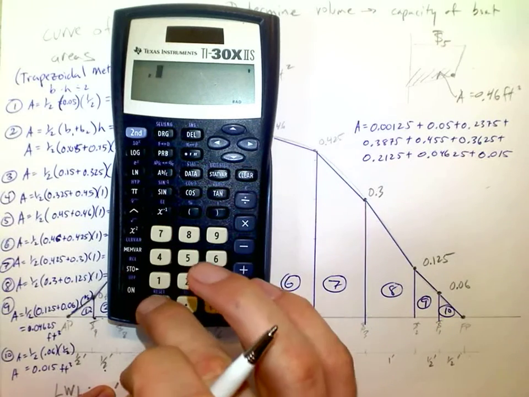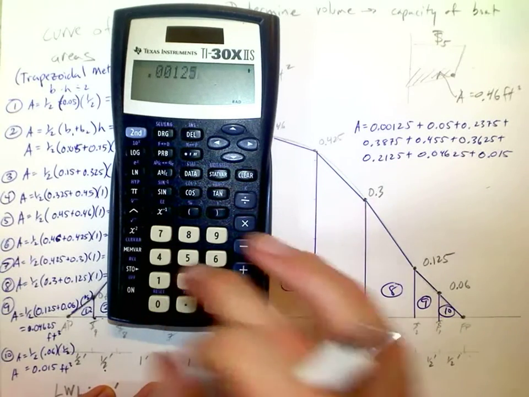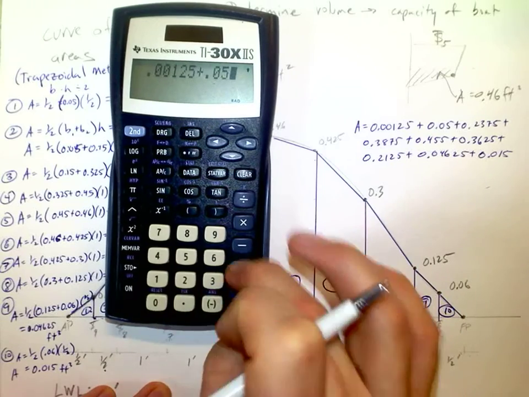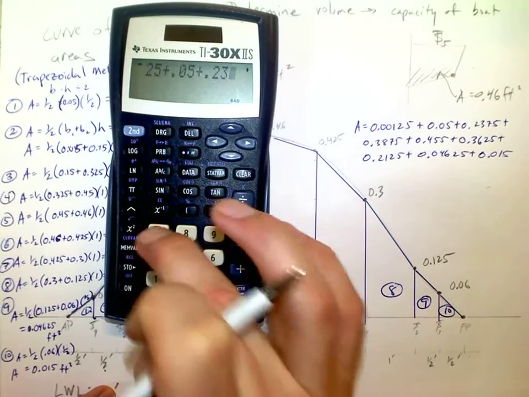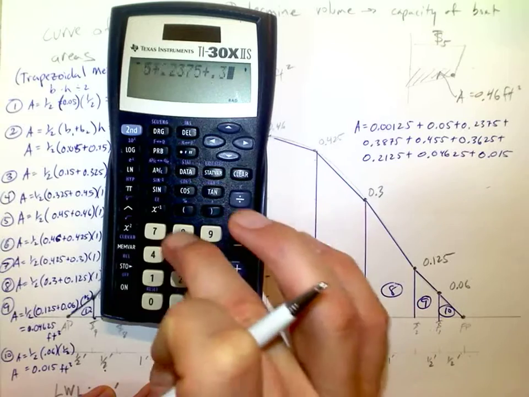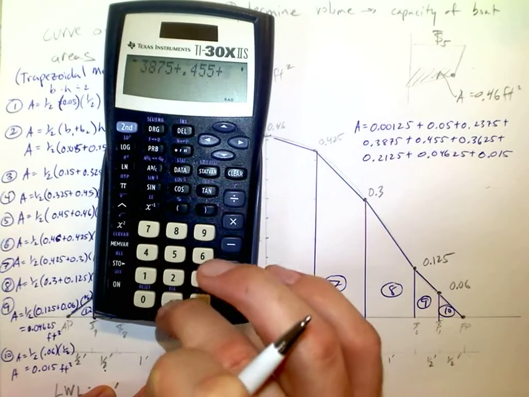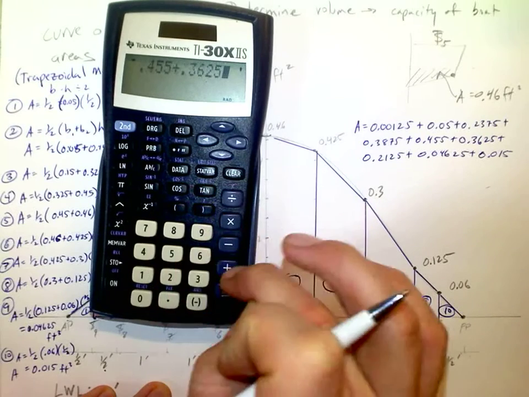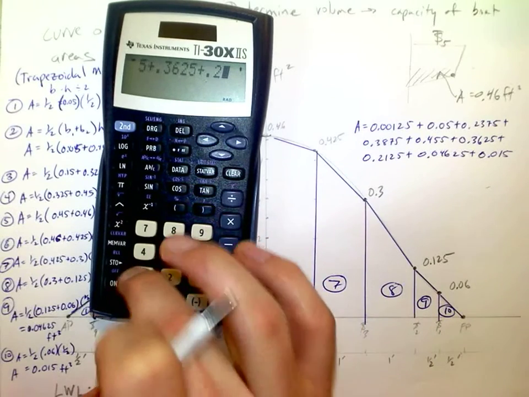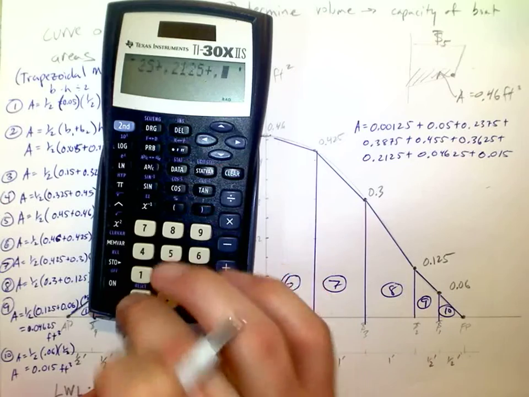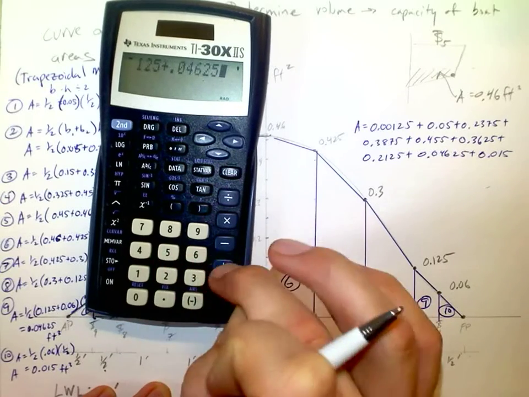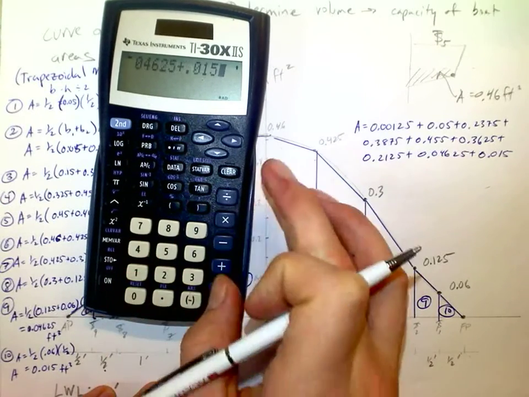So add those up, use the calculator to help me with this. 0.00125 plus 0.05 plus 0.2375 plus 0.3875 plus 0.455 plus 0.3625 plus 0.2125 plus 0.04625 plus 0.015.